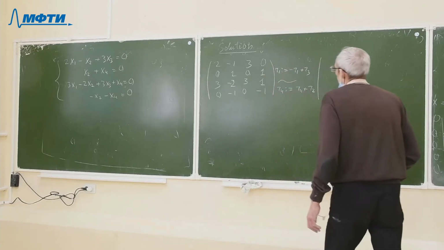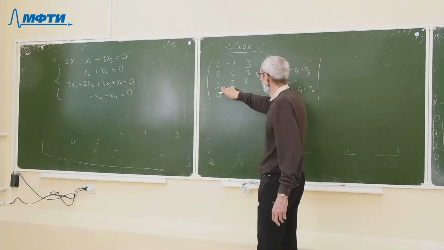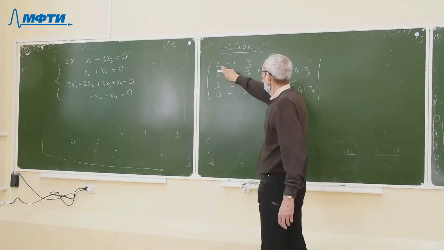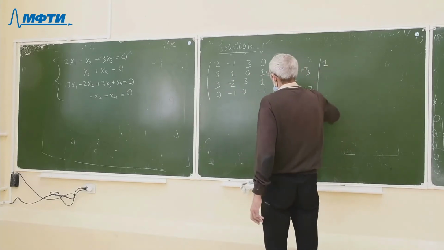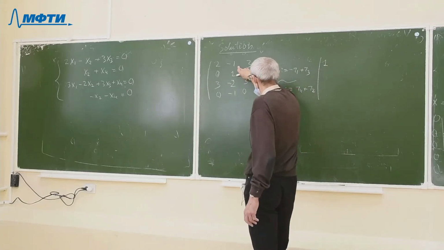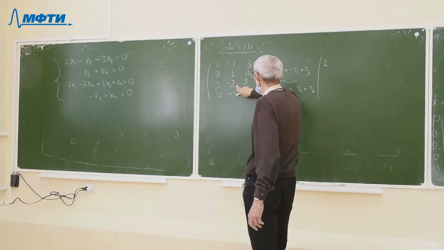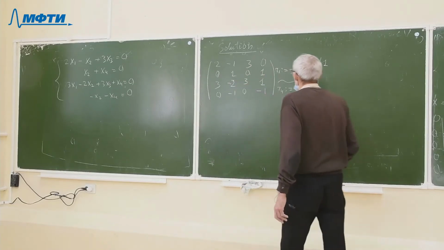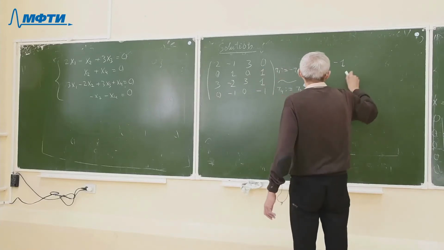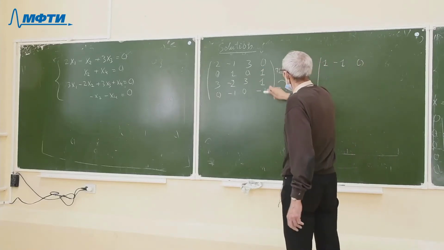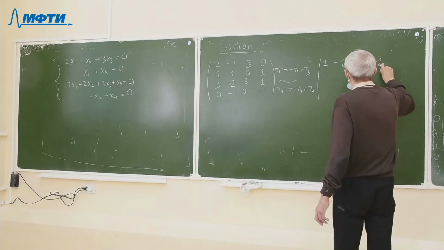The first row, we change the sign, and add the third row: minus 2 plus 3 is equal to 1, plus 1 minus 2 minus 1, minus 3 plus 3 is equal to 0, 0 plus 1 is equal to 1.